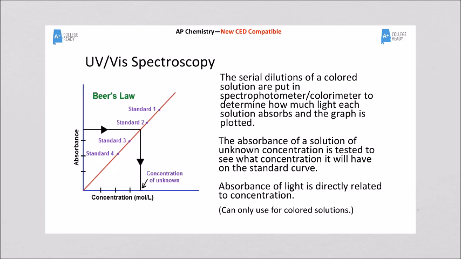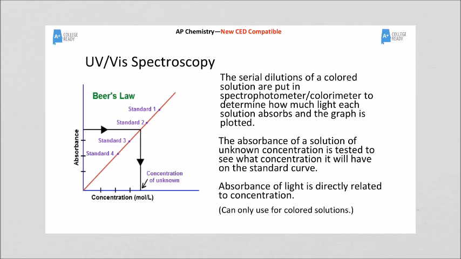So earlier I mentioned serial dilutions. If we do serial dilutions of any solution that has a color, we can put those different concentrations of solutions in one of these instruments, read the absorbance value, and then plot this graph. Okay? Because if we've done our dilutions correctly, what we'll find is that we have this linear relationship since it's a direct relationship.